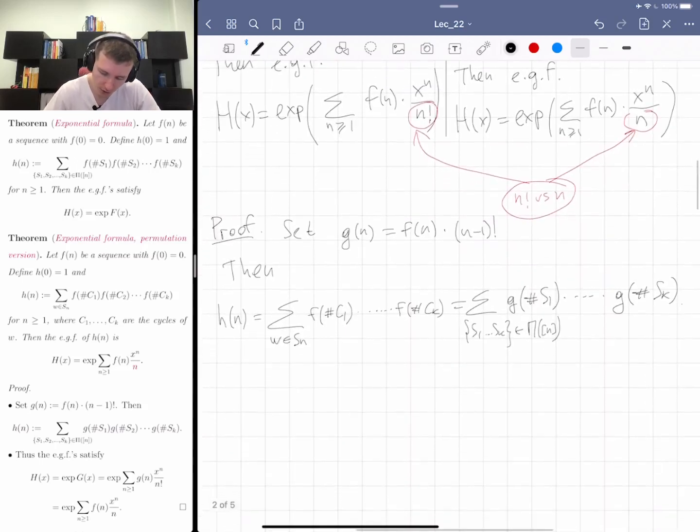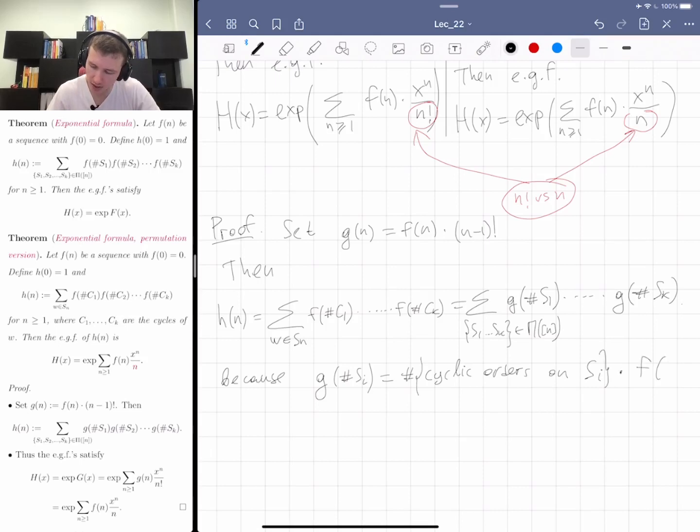The reason is that g of the size of Si is equal to the number of cyclic orders on Si times f of the size of Si, and this is the size of Si minus 1 factorial.